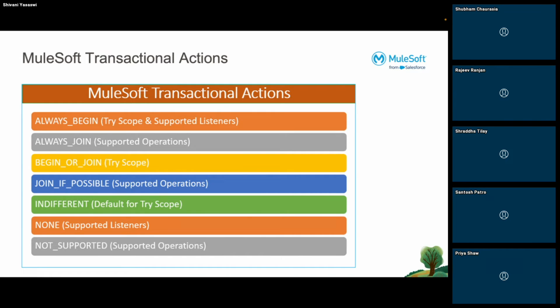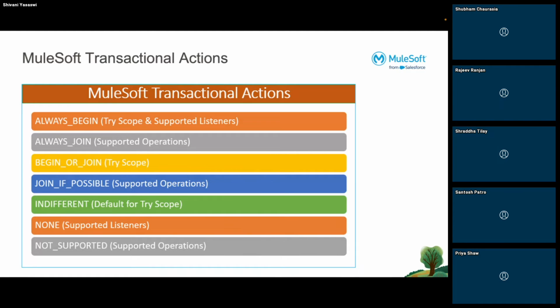These components have to be configured, and these are the different configurations that are supported by MuleSoft for transactions. You can see always begin is one of the actions. What does this always begin indicate? This indicates that whenever a message arrives into the Mule flow, you initiate the transaction.